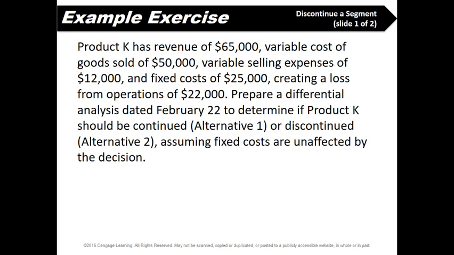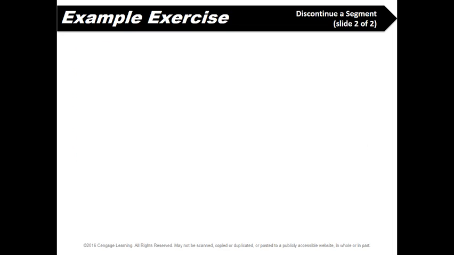Now, remember, this is whether we continue to create a product or we discontinue it. And while we assume the fixed costs are unaffected by the decision, sometimes that is not the case. So now we're going to actually look at how this plays out.